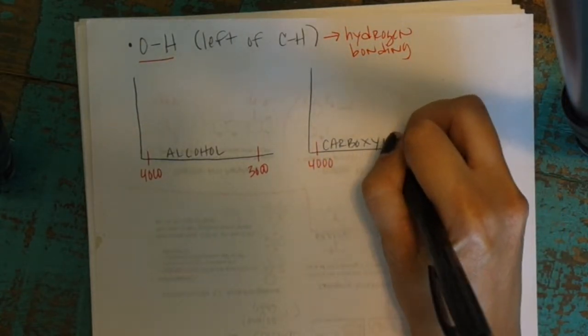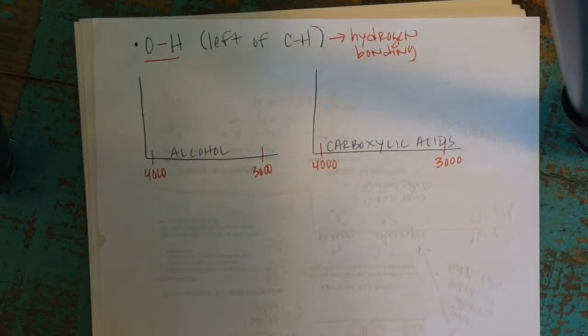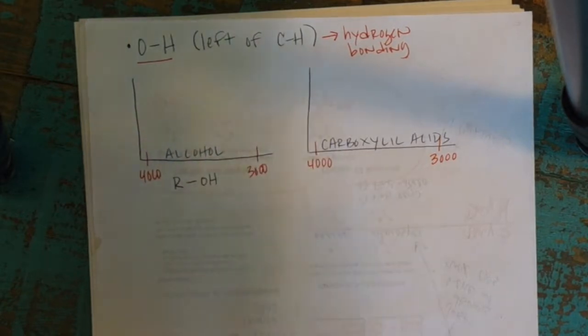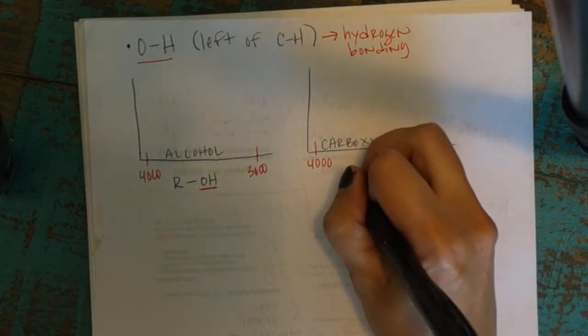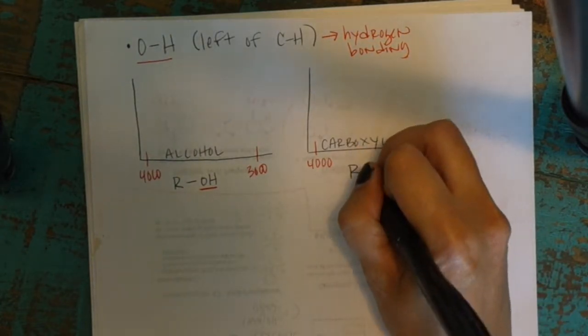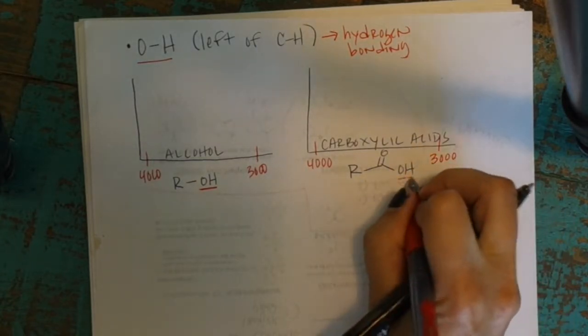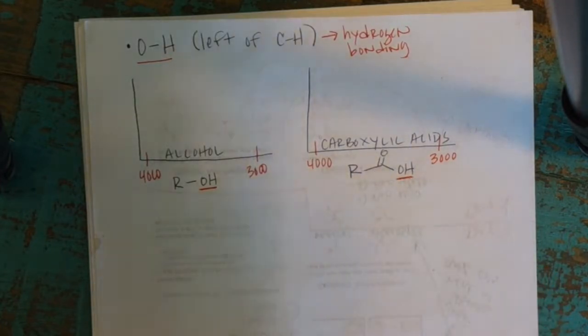Those are the two organic functional groups that we will be looking at that have OH bonds in them. An alcohol will have just the OH attached to an alkyl group. And then the carboxylic acid is an OH attached to the carbonyl. So again, there's a carbonyl bond as well. We already talked about that. So you'll see that in the IR as well, but you'll also see an OH bond.